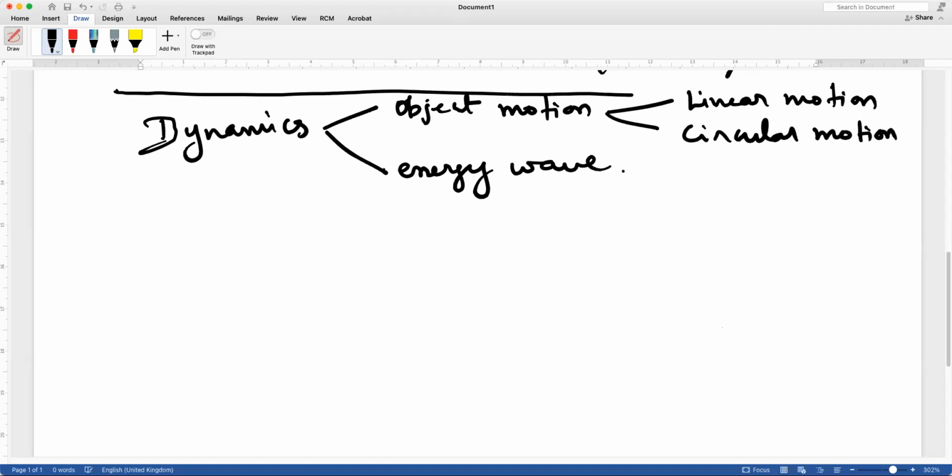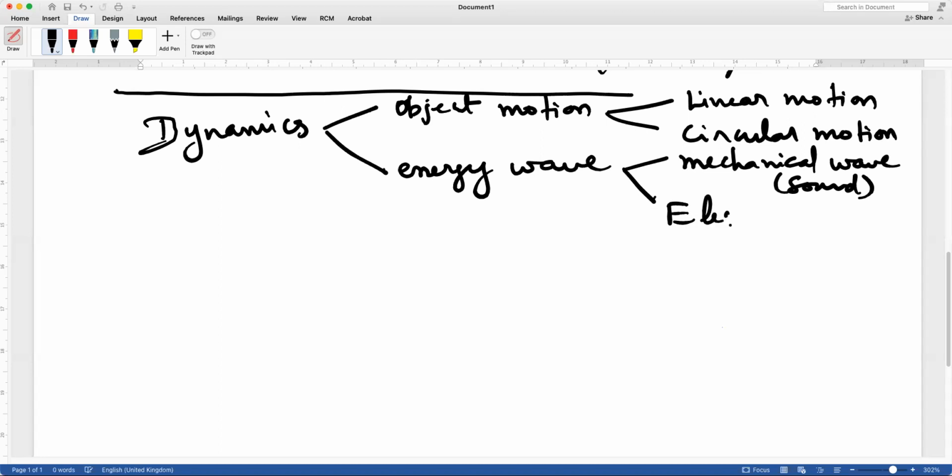Yes, uncle. Okay. And then the wave can be a mechanical wave, like a sound wave. That is an example. And it could be something like a heat wave. They are all like electromagnetic waves, in short form EMW.